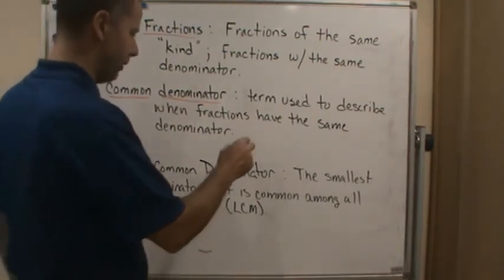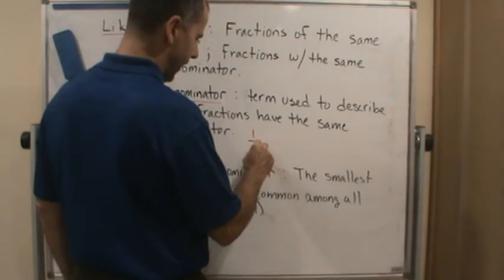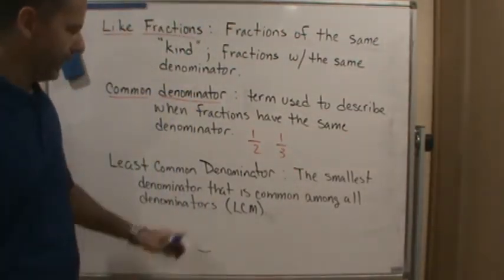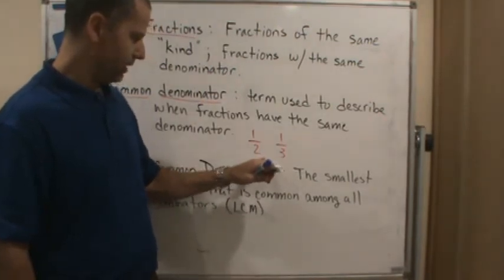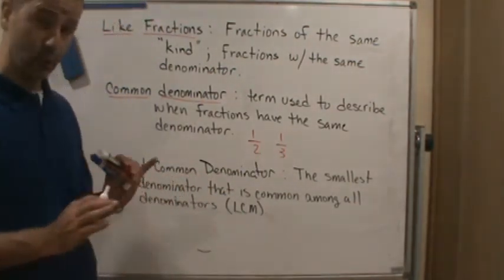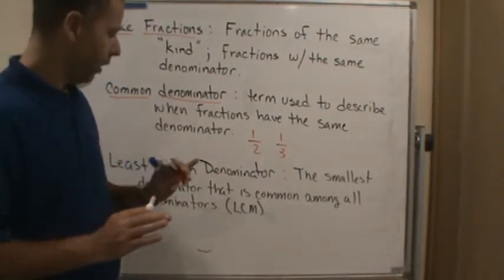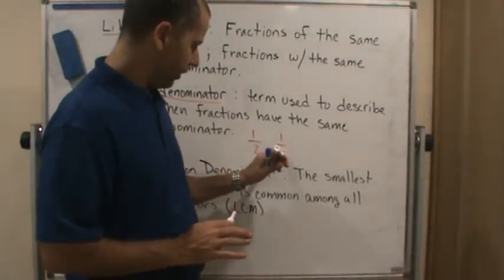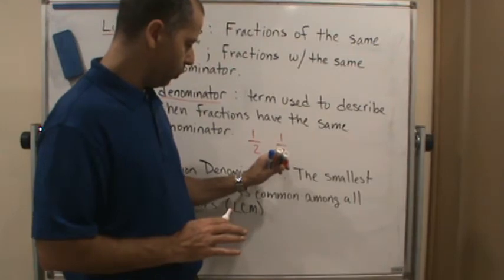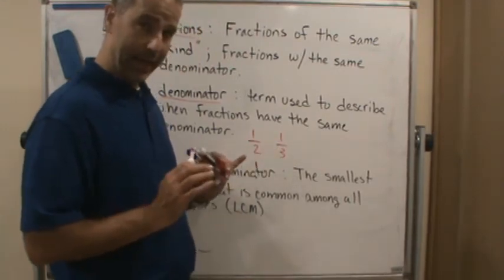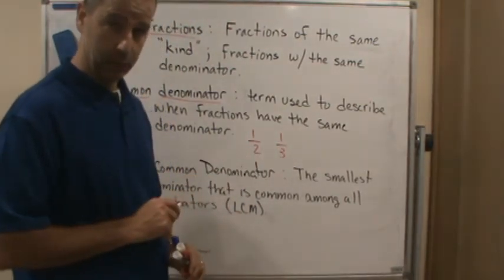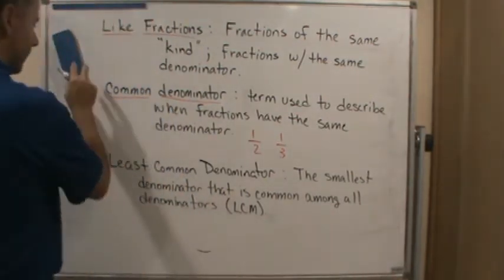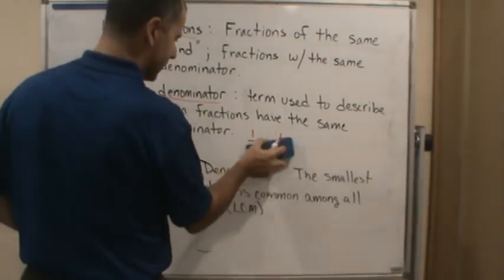If I want to add 1/2 and 1/3 together, I can't add them because they're not of the same kind, but I can find equivalent fractions that are equivalent to 1/2 and 1/3 and add those together.